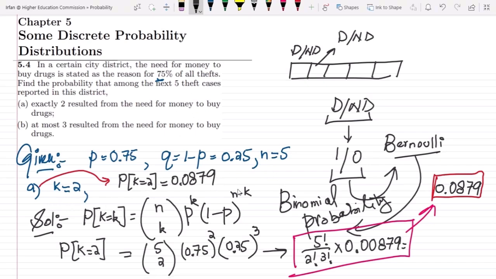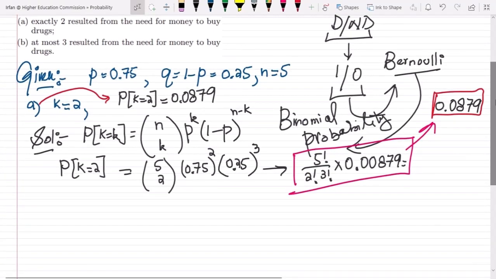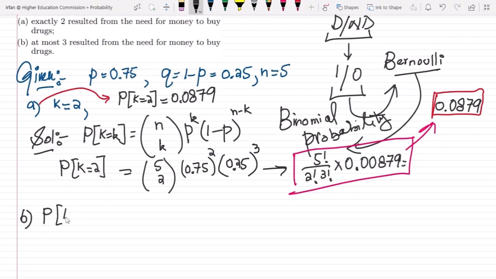Let me proceed to part B of this question. Okay, so the data will remain the same, and we have to find the probability that at most 3 resulted from the need for money to buy drugs. At most 3 means we want to find the probability that k is less than or equal to 3.